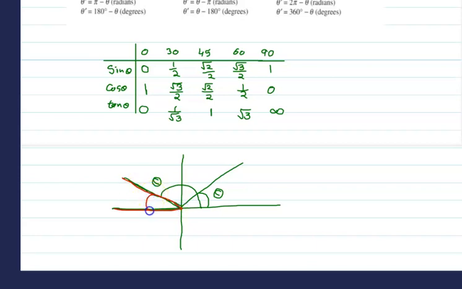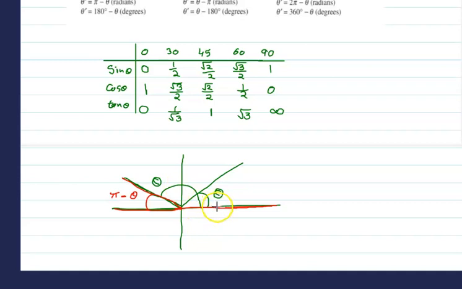So this is going to be the reference angle. And how much would it be? We know that the horizontal axis represents angle pi. So this angle is going to be pi minus theta. So the reference angle for any angle in the second quadrant is going to be pi minus theta.